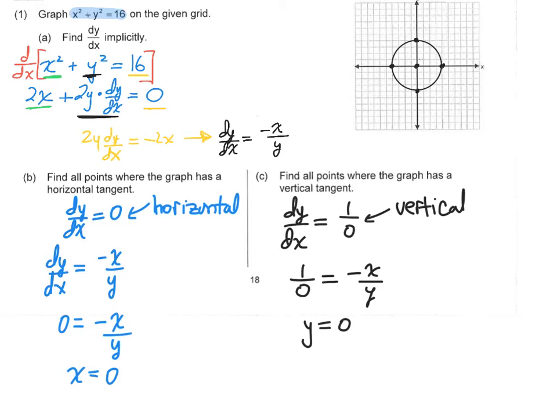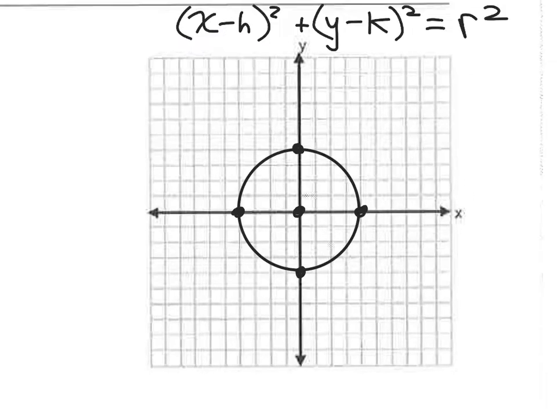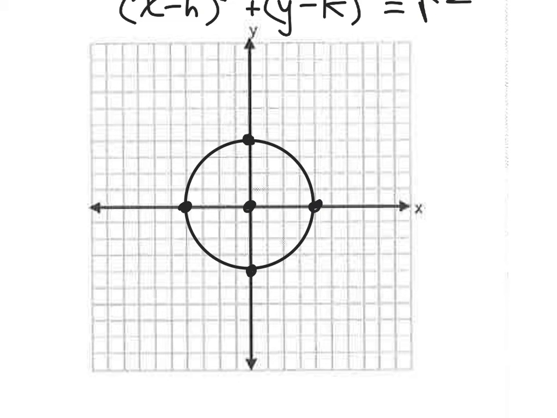All right? So just looking at the picture, we would have a horizontal tangent here. You could just eyeball it. Here's a horizontal tangent, here's a horizontal tangent. And here's a vertical tangent, and here's a vertical tangent. The coordinates are pretty easy to spot.